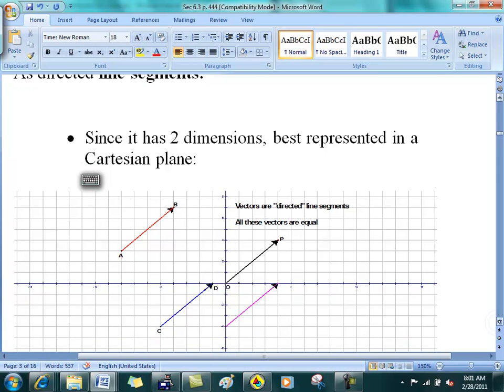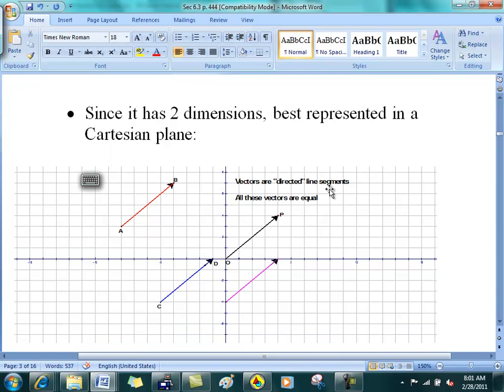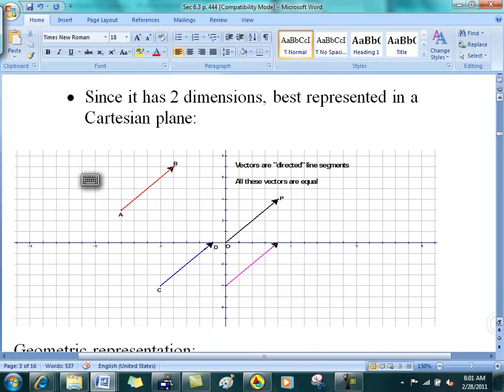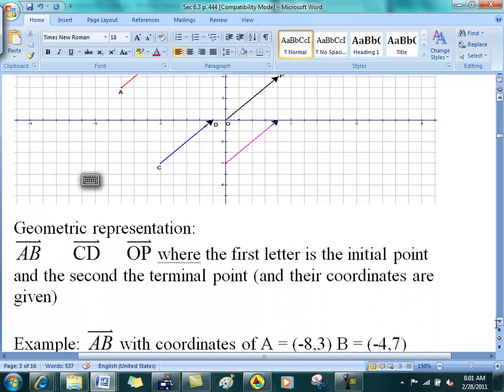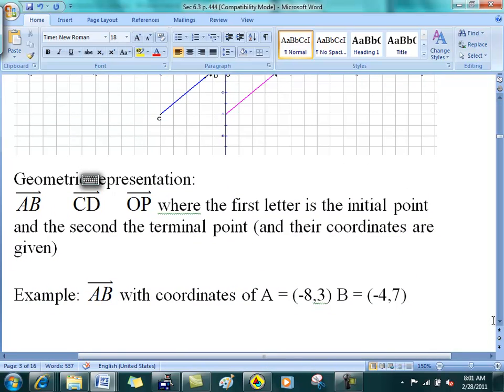So I don't know if you can read this. Vectors are directed line segments. You're going to see that in a minute down here again. This is now bringing in some geometry.